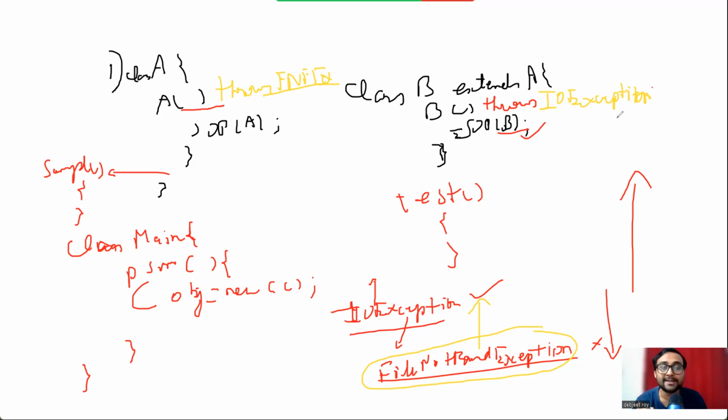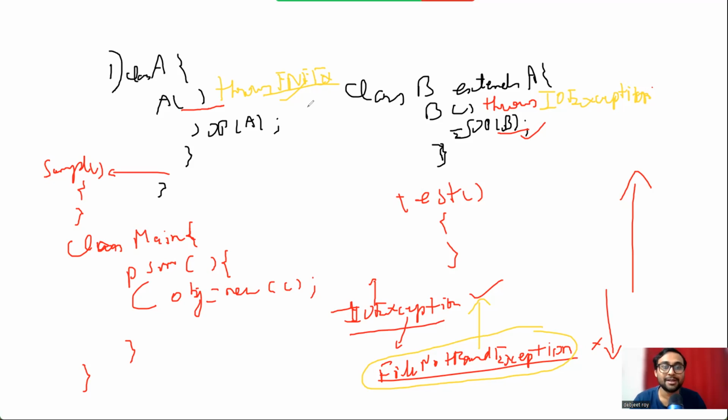So if the class A constructor is throwing any checked exception, then the class B constructor can throw any checked exception which is higher in order in the exception hierarchy than the one thrown in the class A constructor. So if the class A constructor is throwing an exception, then B, which is a subclass of A, can throw that exception, which can be the same or higher in order. So class B can throw FileNotFoundException. The same exception is possible, but it can't go below it.